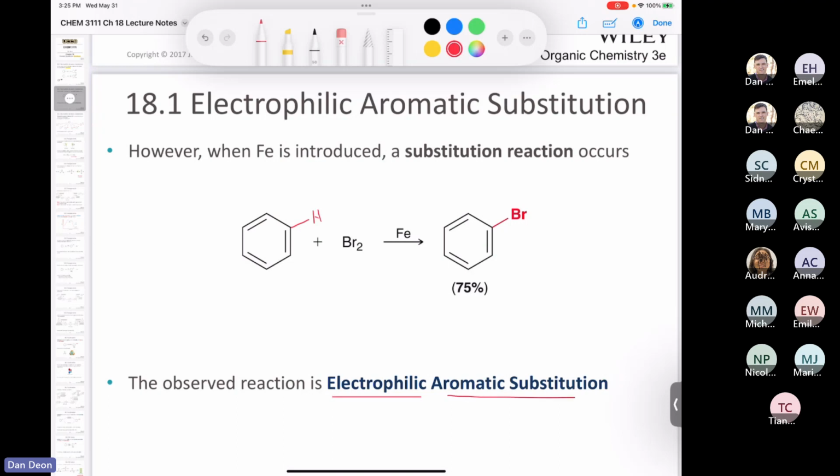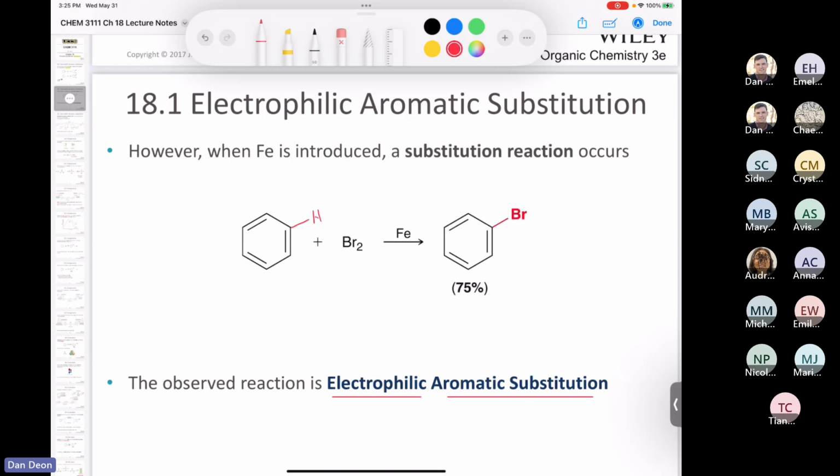And it's aromatic substitution because you're substituting a hydrogen on the aromatic ring for a bromine atom. And if you're wondering what the electrophile actually is, we're going to get into that in a little bit, because there's a reaction occurring between the bromine and the iron that renders the bromine extremely electrophilic.